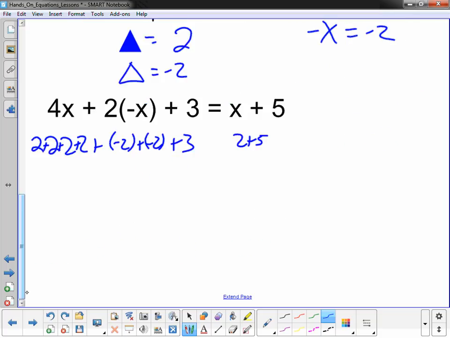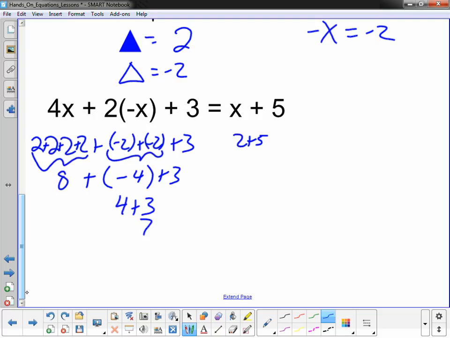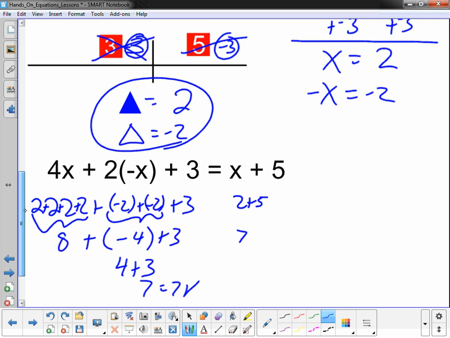So when I add that all up, this gets me 8, this gets me negative 4, and I'm adding that plus 3. 8 plus negative 4 is a 4 because they're opposite signs. We're going to subtract. I get a 7. 2 plus 5 equals 7. That works out. So doing it physically, we got it to work out.